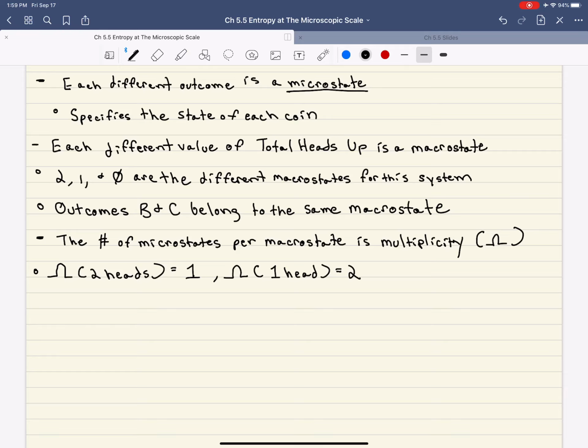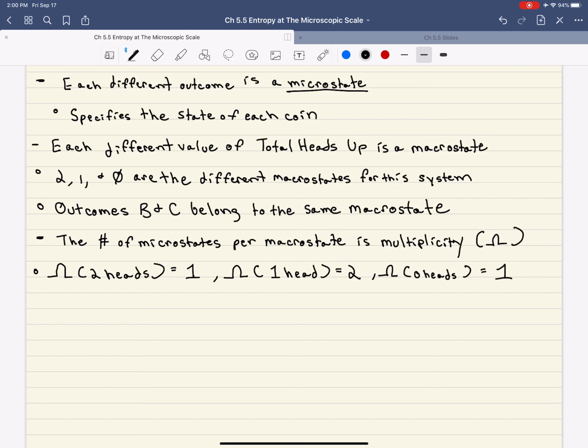Because both outcomes B and C had just 1 coin face up. And the multiplicity of the macrostate where we had 0 heads face up, that would be just 1.